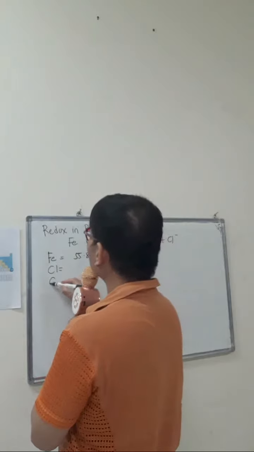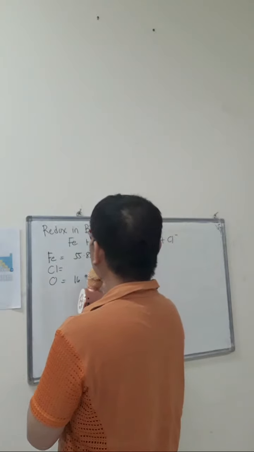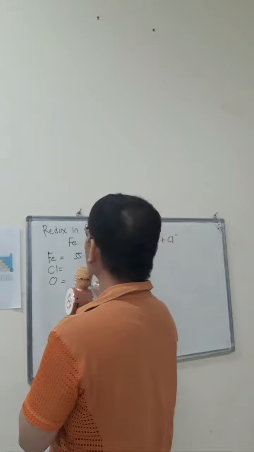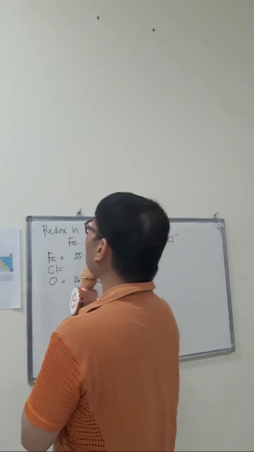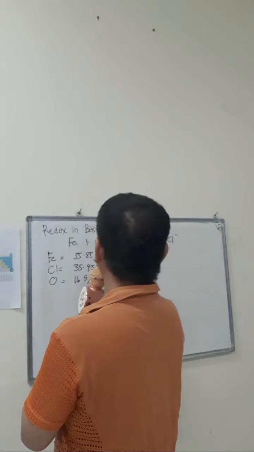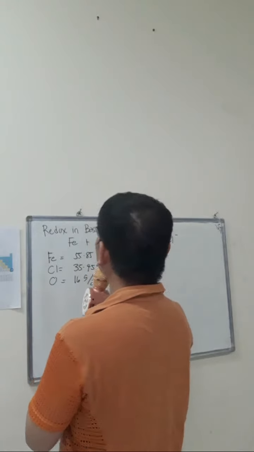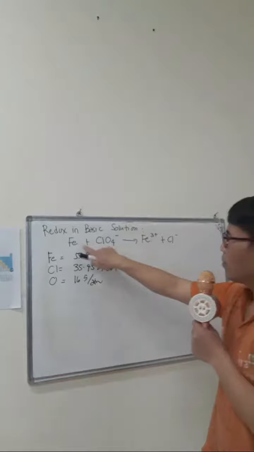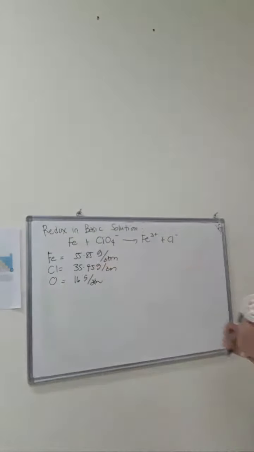And then oxygen is 16 grams per atom. Then that's all, three elements only: iron, chlorine, and oxygen.